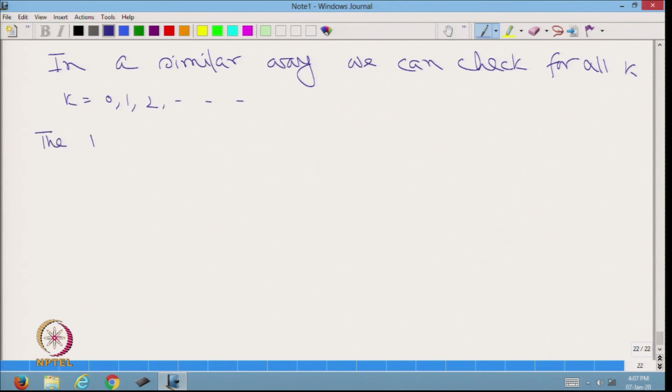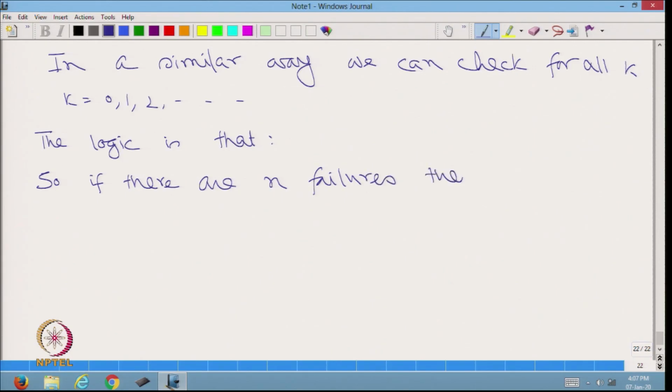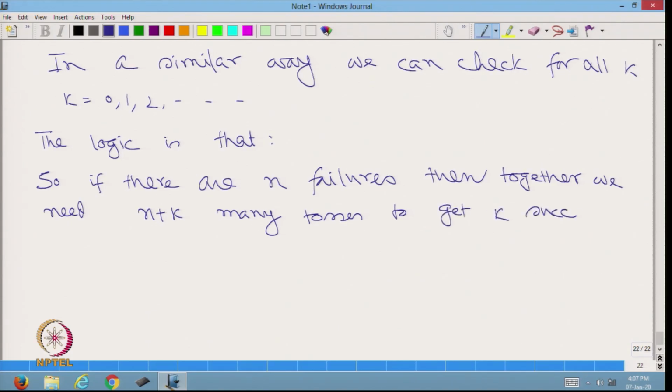The logic is that if there are n failures, then together we need n plus k many tosses to get k successes, which we can say as heads.